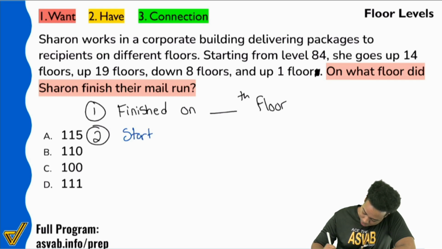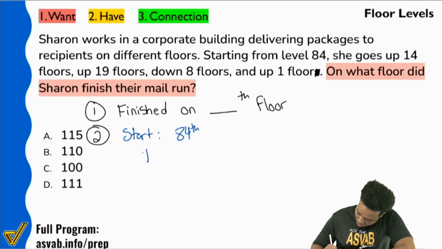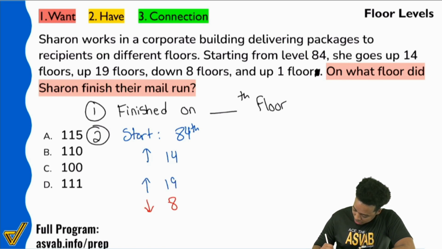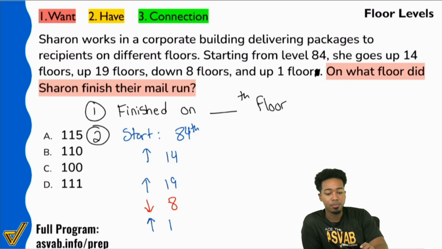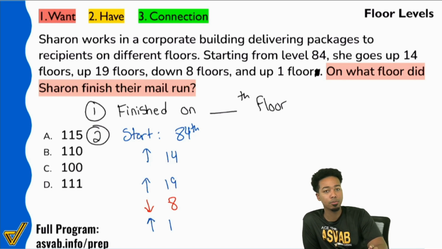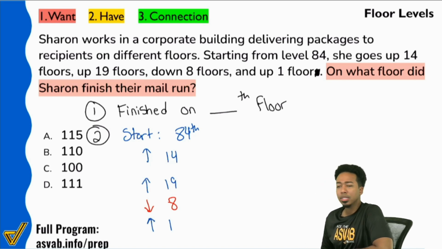We have the starting point, 84th floor, and then we see up 14 floors, up 19 floors, down 8 floors, and then up again 1 floor. So with that, now that we have the information, what do we need to do? What's the connection?